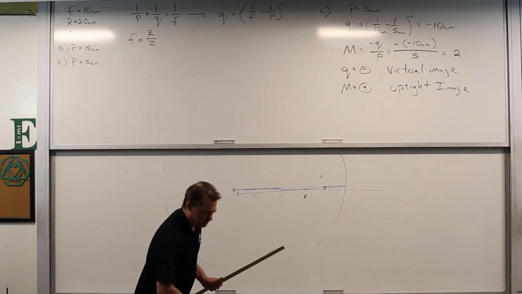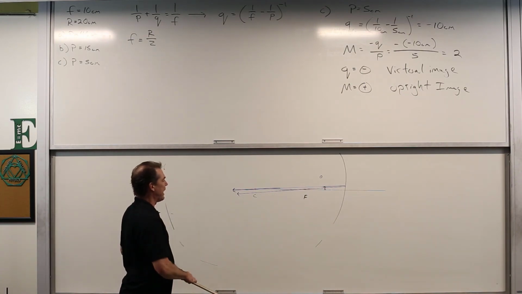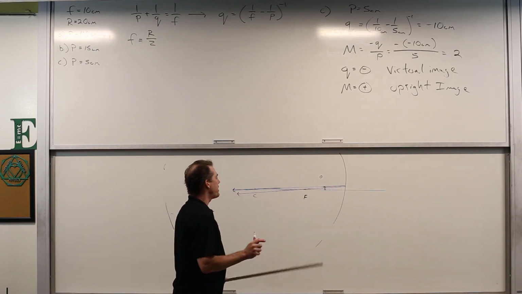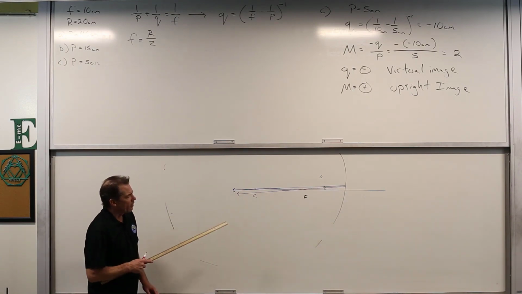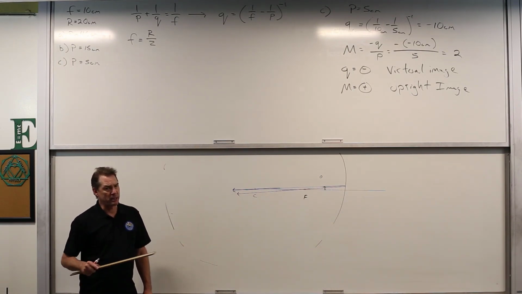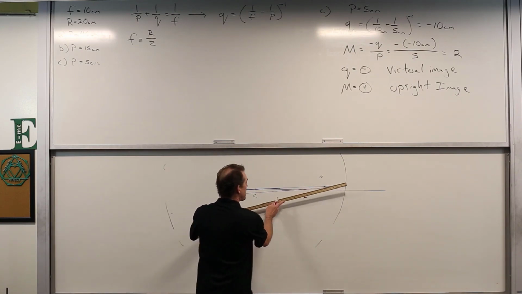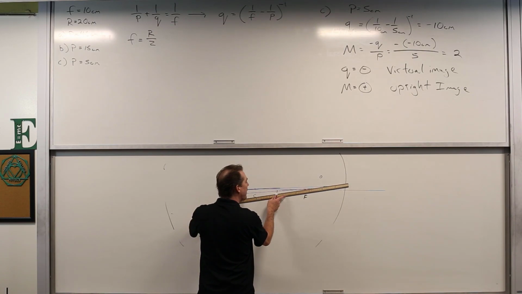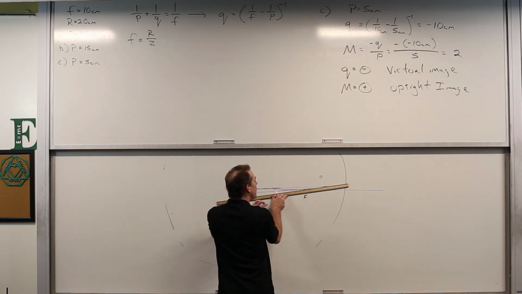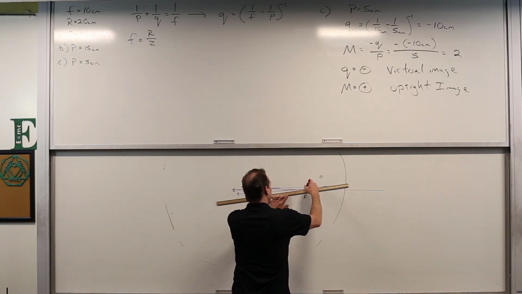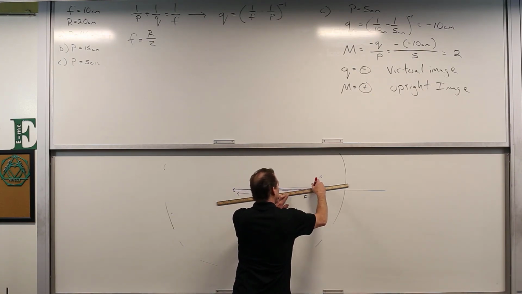Let's look at this last one, and then we'll deal with the actual image here. Last one, it is aligned with or goes through the focal point and then reflects parallel to the principal axis. This one has to be aligned with. Can't go through it and strike the mirror, so we line it up with the focal point. The focal point right here. So it's aligned up with it.